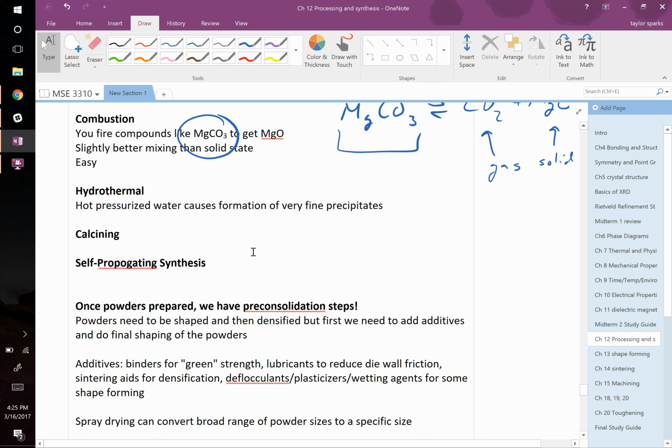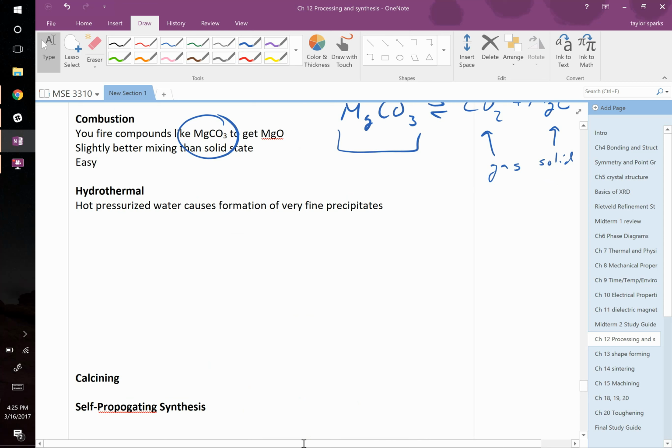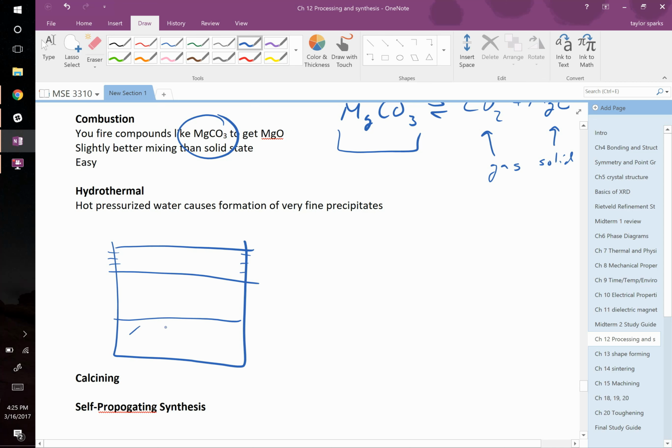Hydrothermal. Hydrothermal is pretty interesting. You start out with hot pressurized water that causes the formation of very fine precipitates, right? So you typically take a vessel, right, and you screw this lid in, so that those are threads, and you put in here some amount of liquid, right? You might have H2O. You're going to add your transition metals or whatever your ions are of interest in with this thing, and then you're going to heat this up.